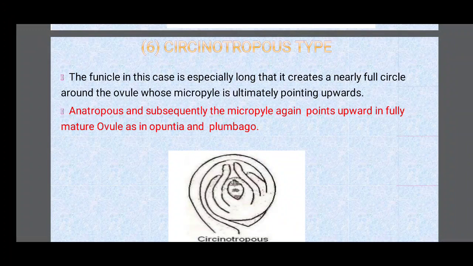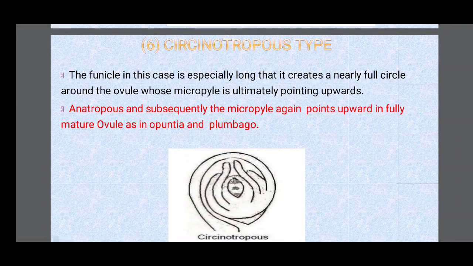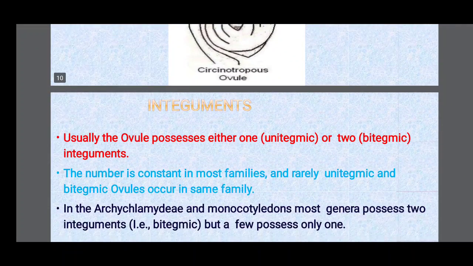So simply the ovule turned 360 degrees. The funicle is a circle around the ovule, that is called the circinotropous ovule. The micropyle again points upward in the fully mature ovule, as in Opuntia and Plumbago. This is common in Opuntia and Plumbago members.